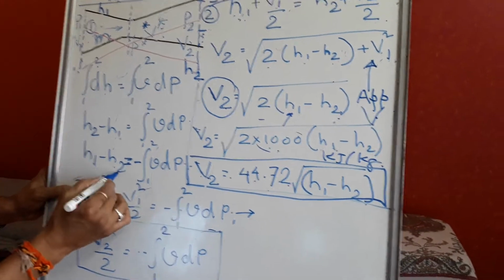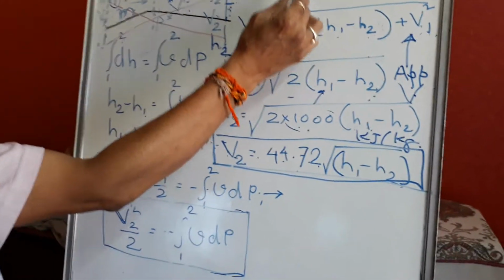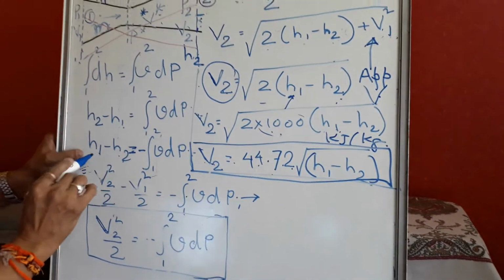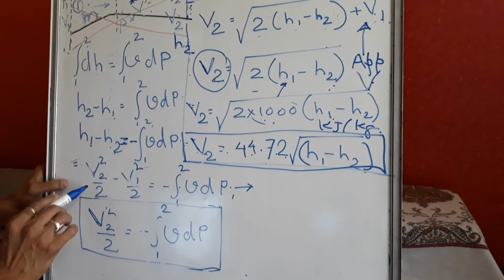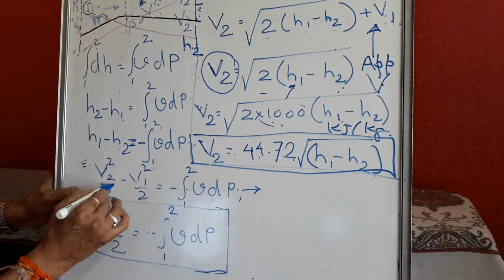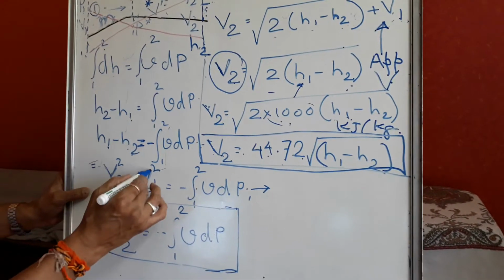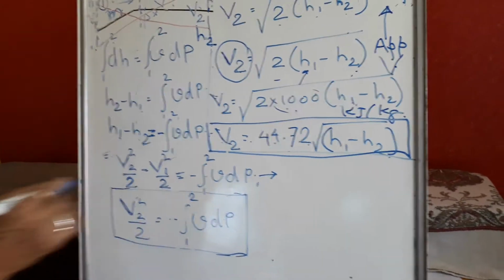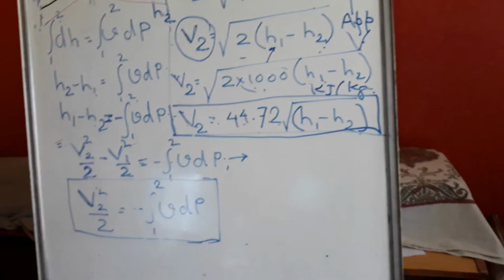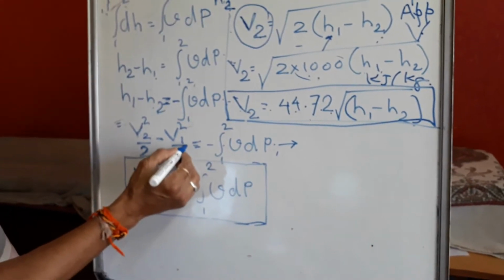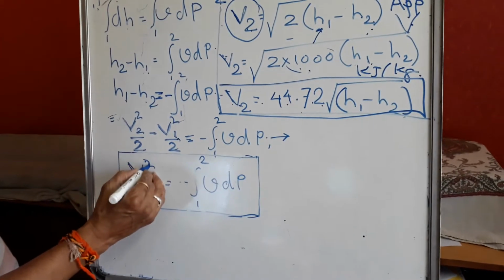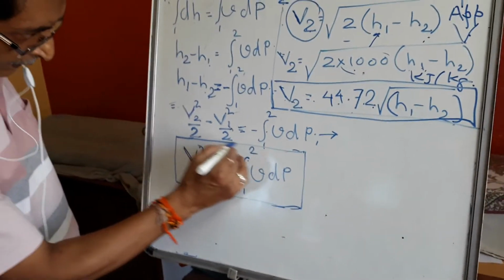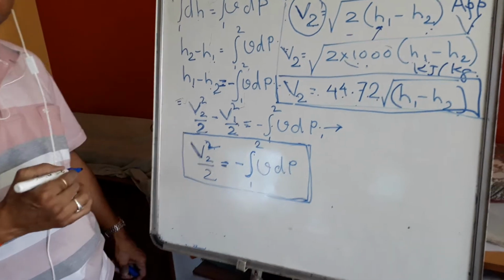That I have written. From the equation H1 plus V square 1 by 2 is equal to H2 plus V square 2 by 2, I have written H1 minus H2 is equal to V square 2 by 2 minus V square 1 by 2, which is equal to minus the integral of VdP. Then if I neglect the initial velocity, I can write V square 2 by 2 is equal to minus the integral of VdP. Why have I done it?